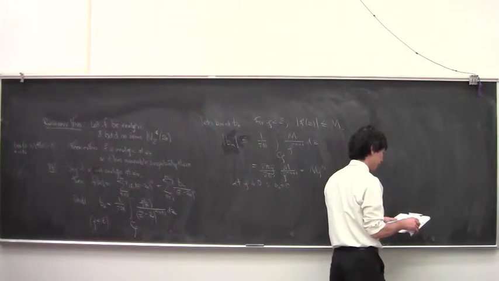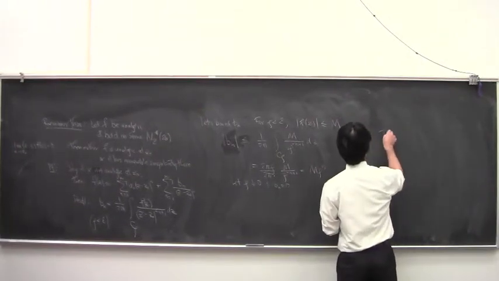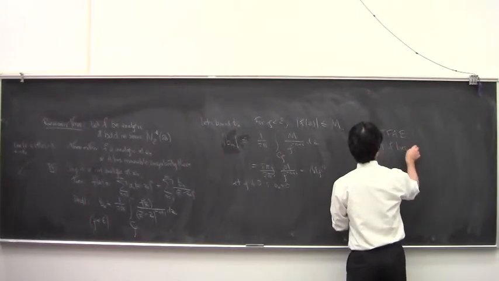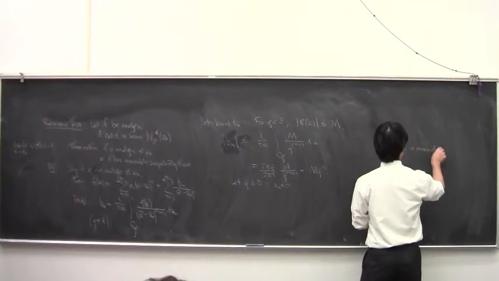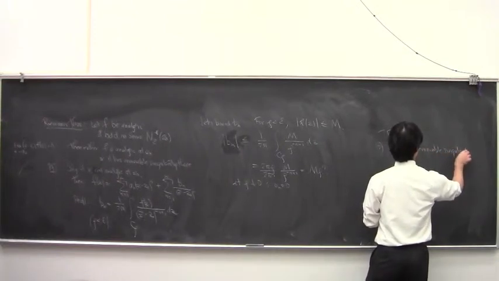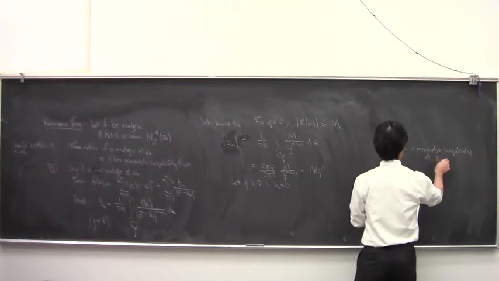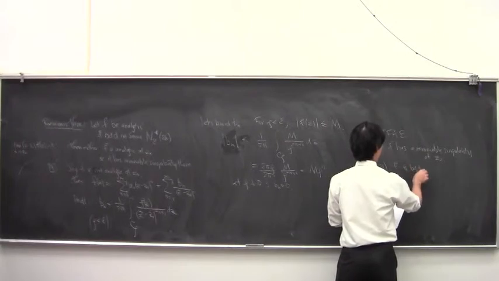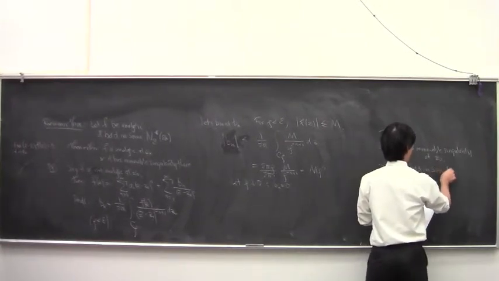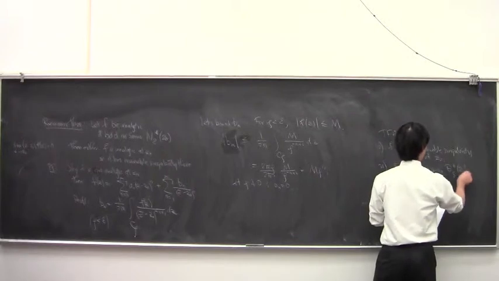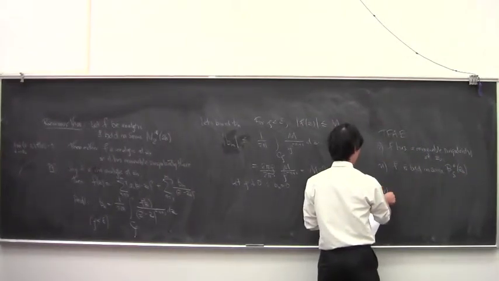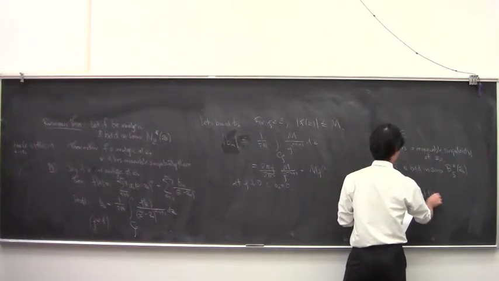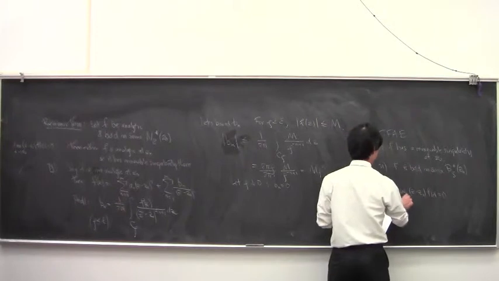Okay, so what one gets, if you put this all together, is a bunch of equivalent things. F has a removable singularity at z naught is equivalent to f being bounded in some punctured neighborhood of z naught, is equivalent to this limit being 0.